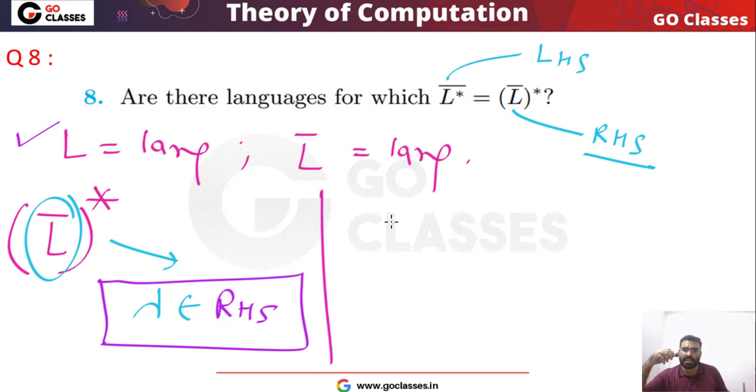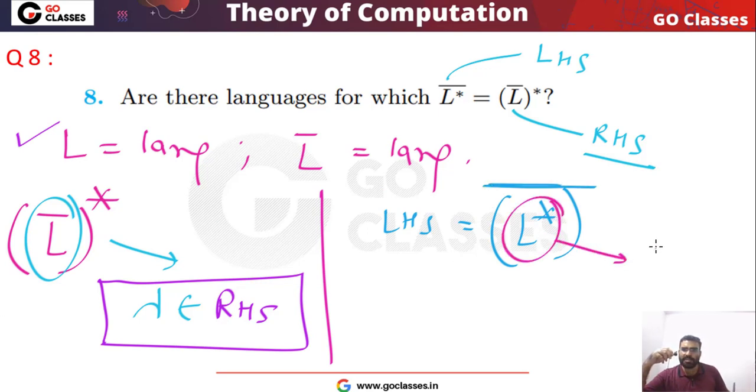You can notice that LHS is basically L star whole complement. Because this is L star, I can say the empty string definitely belongs to L star, because for any language L, the empty string definitely belongs to L star. So in this language, the empty string is definitely there.